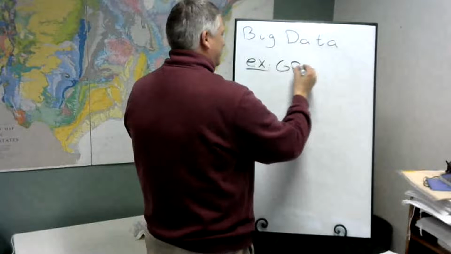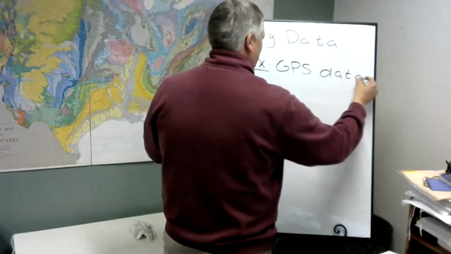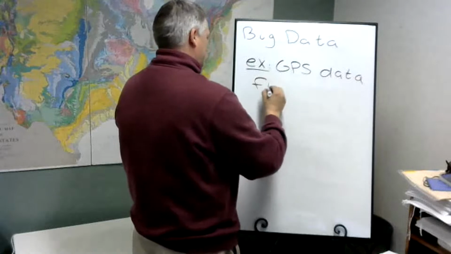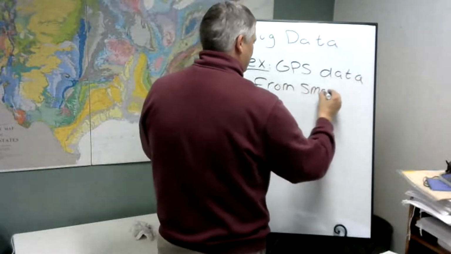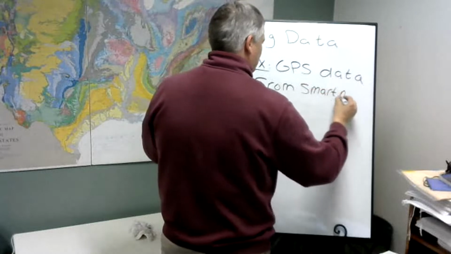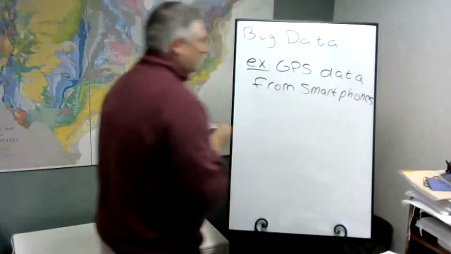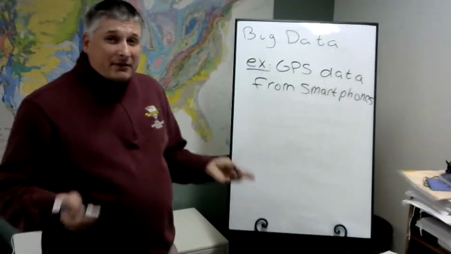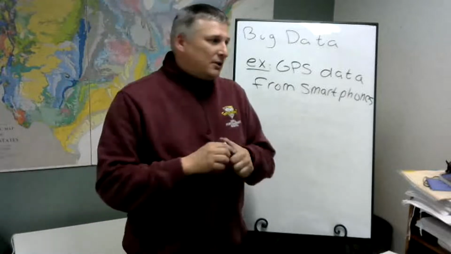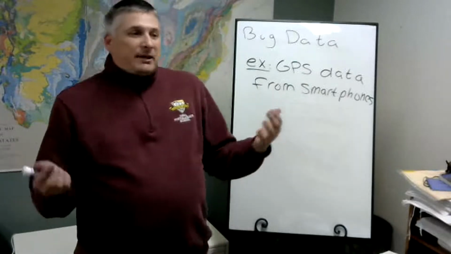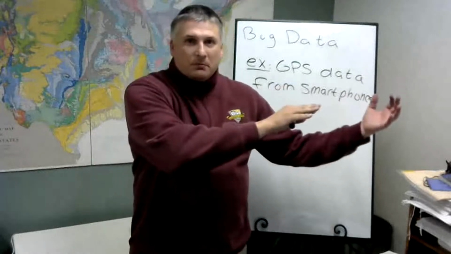So GPS data from smartphones. I'm not sure exactly how the apps work, but if you're using, say, like Google Maps or something, you might say, okay, Google, tell me how to get from where I am to Trader Joe's.